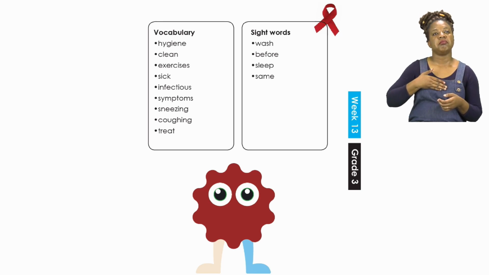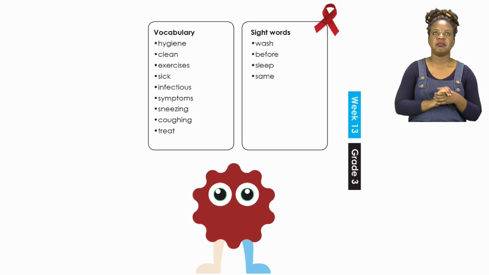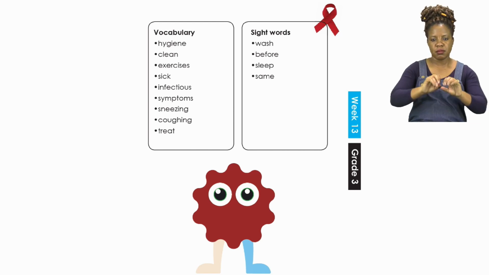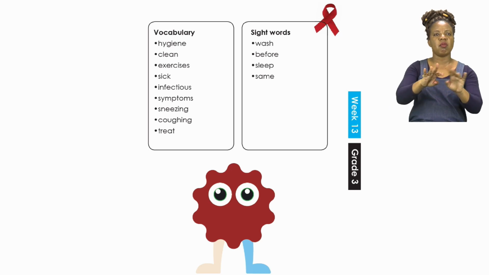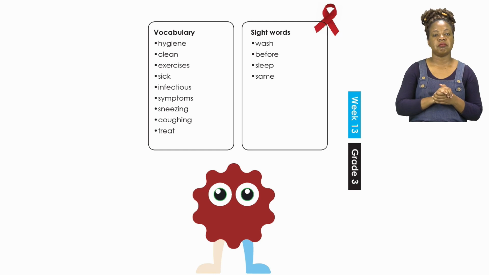The next word that we have is the word infectious. The word infectious is when a disease that has the ability of spreading is passed on from one person to another. We can make a sentence that says, coronavirus is an infectious disease.